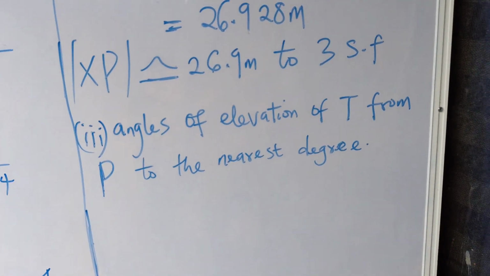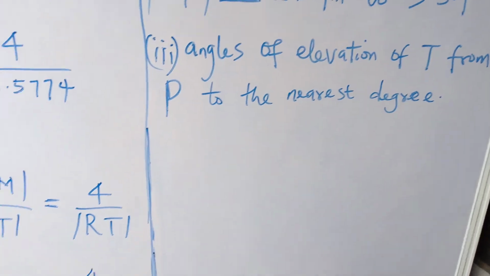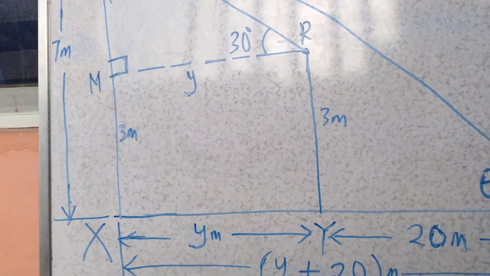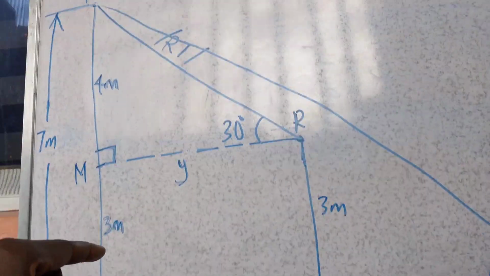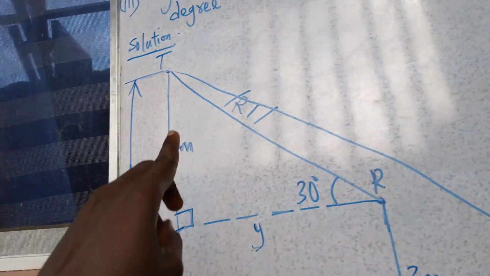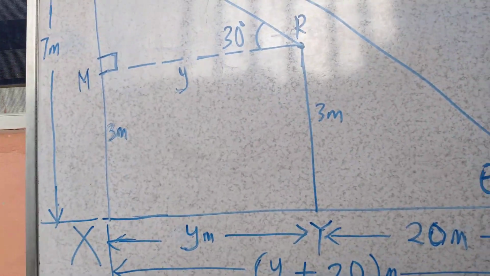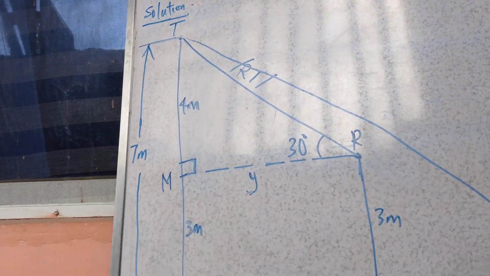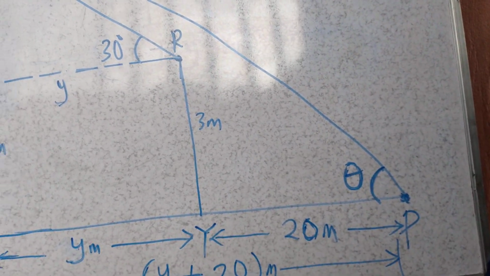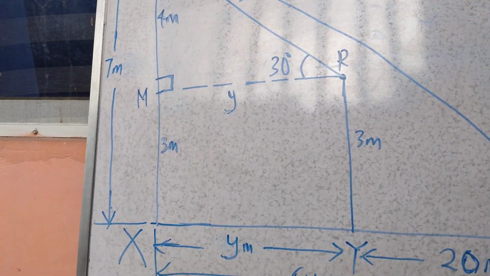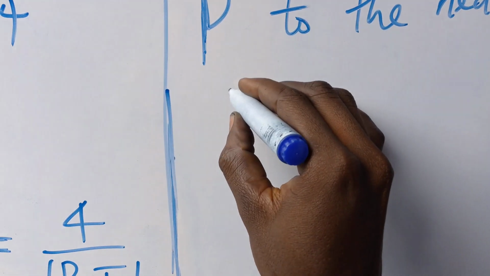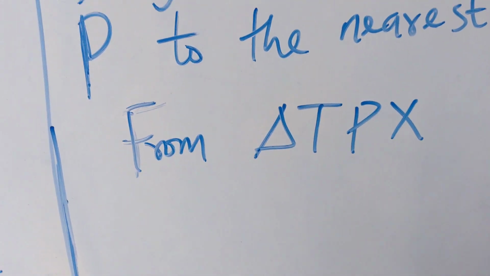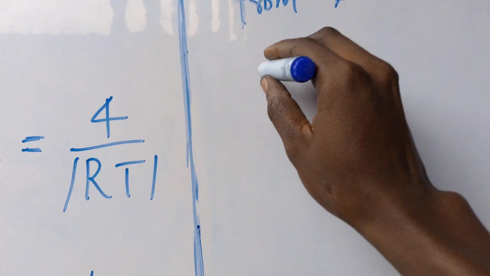The next thing they say we should solve is the angle of elevation of T from P to the nearest degree. So what you are going to take is triangle TXP, or TPX.